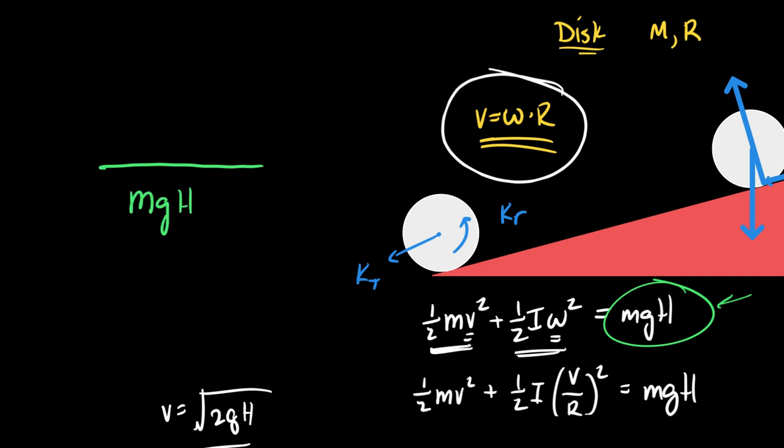That's the amount of energy I have. The translational kinetic is 1/2 m. I don't want to put v here, because I know what v is. V is the square root of 4/3 gh. Well, not squared, because it's the square root. There, let me put the square root squared.